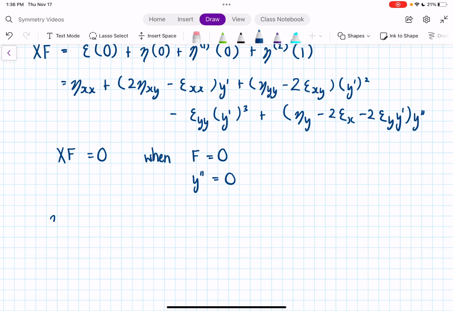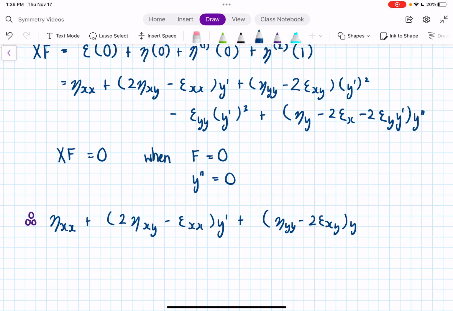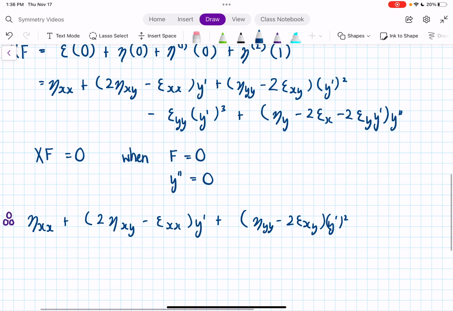That means if I apply that, so let's just add a little therefore here. So we're going to have this equals 0.